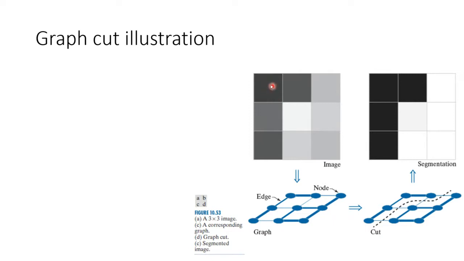Every one of these pixels will be assigned a node in a graph. And pixels that are adjacent to one another, so for instance, this pixel is adjacent to that, will be connected by an edge. So pixels will be nodes. Adjacency between pixels will be defined as an edge in the graph.